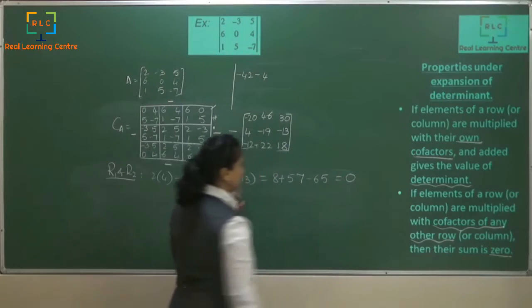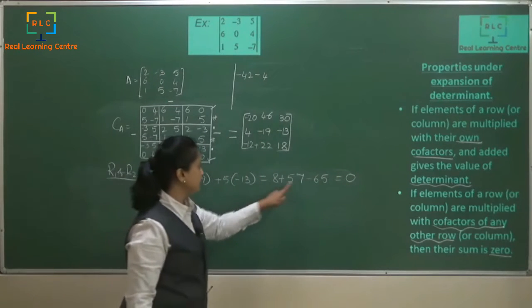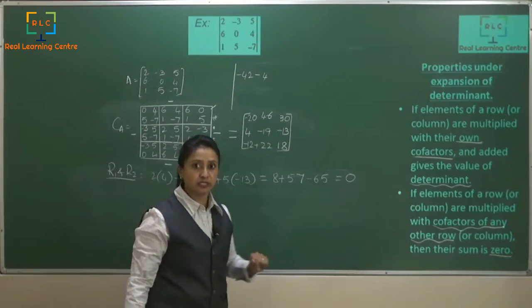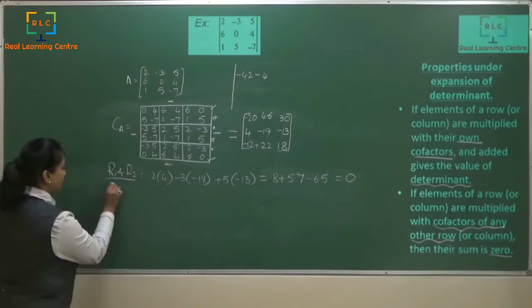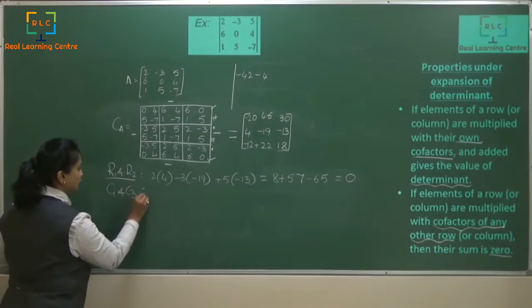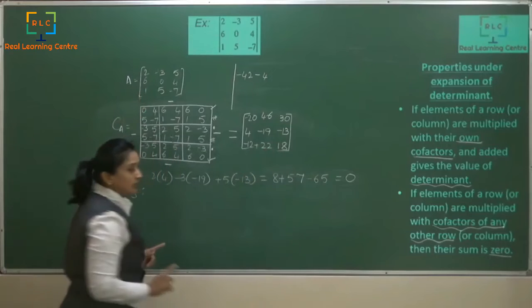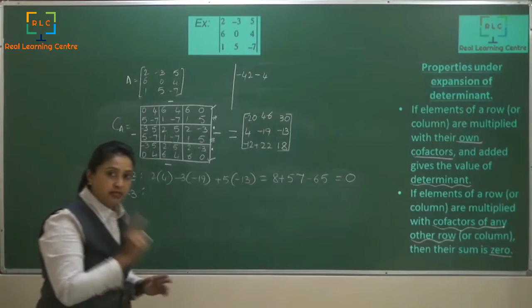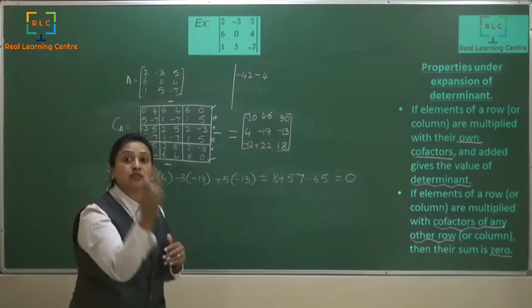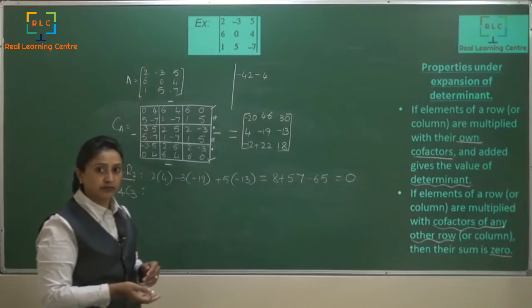See, it's exactly equal to 0. 57 plus 8 is 65, minus 65 is 0. Now I shall use C1 and C3. I shall use column number 1 here and column number 3. What I am doing is, I am using column number 1 elements multiplying by the cofactors of column number 3. I am using different cofactors.